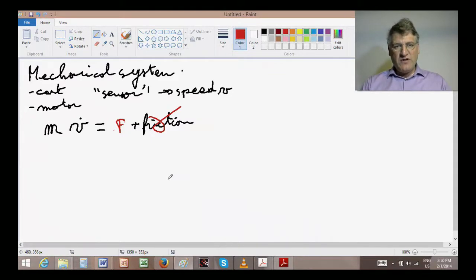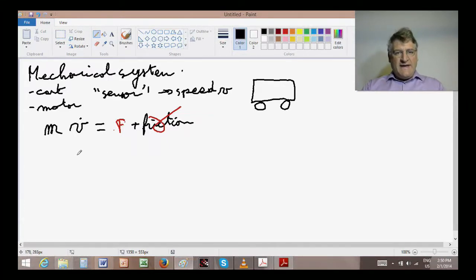In other terms, once we launch the cart it keeps going. Now, let me draw this cart here as a reminder that we are dealing with the real world. So this is the cart.